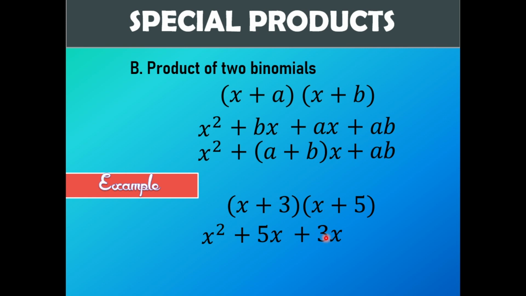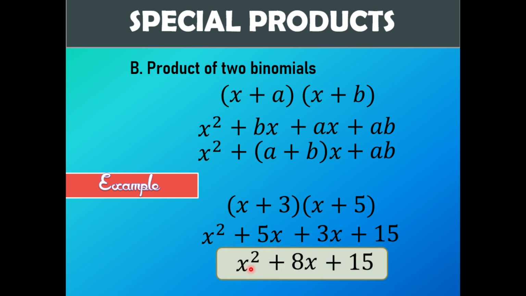And 3 times 5 is 15. Now the second and the third terms have the same literal coefficient. So we are going to add the two numerical coefficients, which are 5 and 3. So our final answer is x squared plus 8x plus 15.